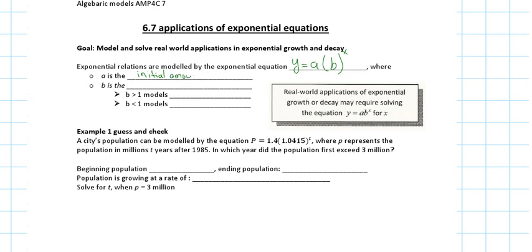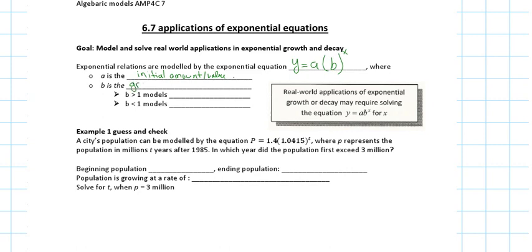We call B your either growth or decay factor. It depends if it's greater than 1 or if it's between 0 and 1. So we call that the growth or decay factor.